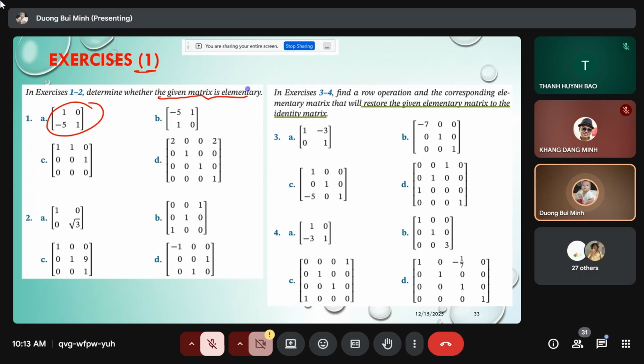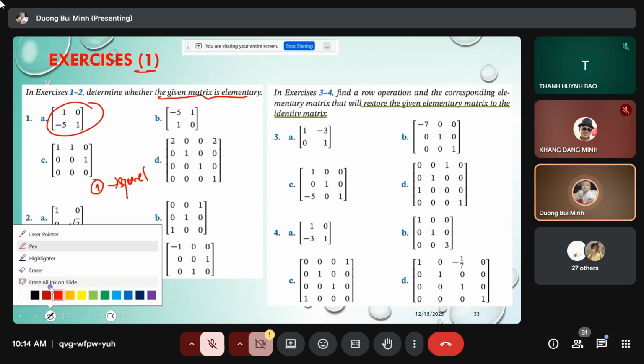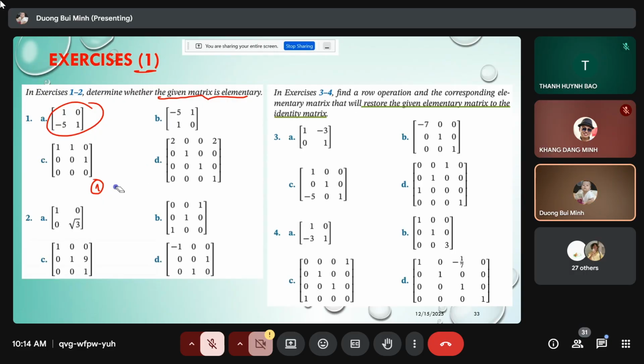Of course, the first condition is that the matrix must be a square matrix. This is the first constraint, the square matrix. So all of them are square matrices, right?